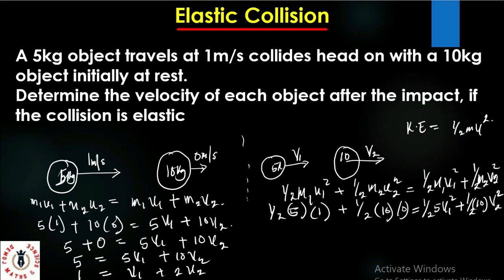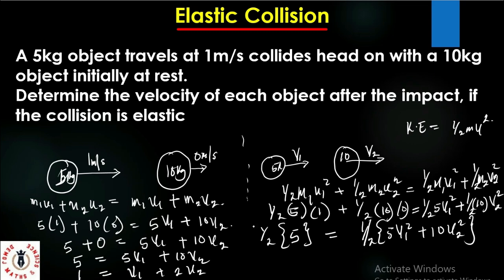So if you look at it, half is common, so I can bring out half here. Half into 5, 10 times 0 is 0, and close this up to 5 equals half again into 5 v1 squared plus 10 v2 squared. Half will cancel each other.